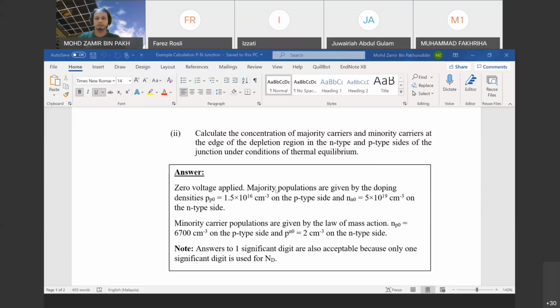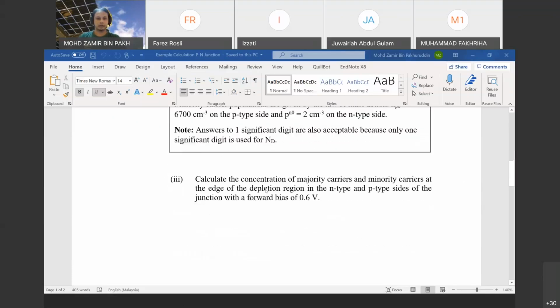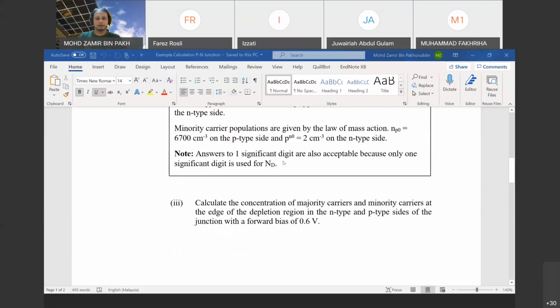Okay, so let's go to the next one. Calculate the concentration of majority carriers and minority carriers at the edge of depletion region in the N-type and P-type with a forward bias of 0.6 volt. So what do you get? Forward bias of 0.6 volt. Which equation do you use?